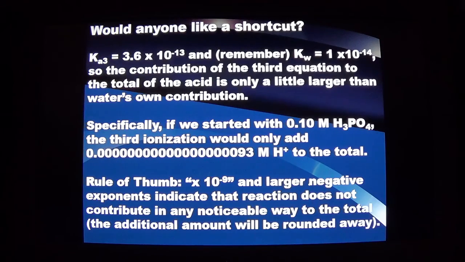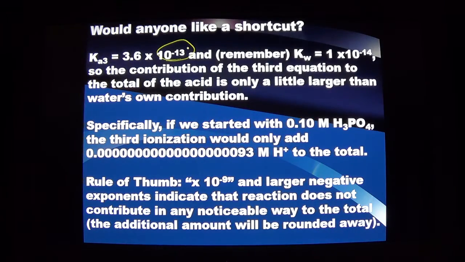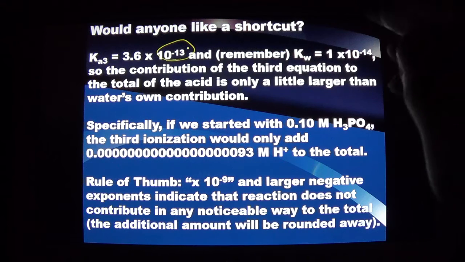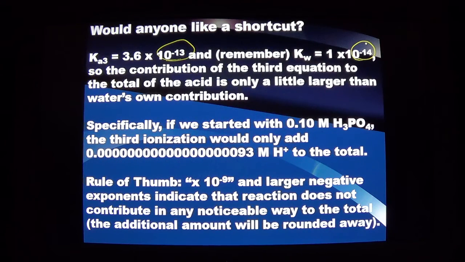Now check this out. I did the calculation for us, and for that very last K, Ka3, which was 3.6 times 10 to the negative 13, keep in mind that Kw, water itself, dissociates at about that amount. So it's only 10 times stronger than water's own dissociation, and we don't expect water to dissociate much at all.